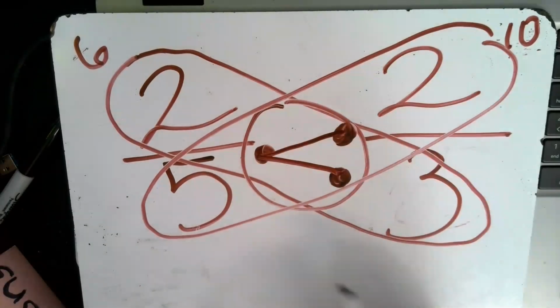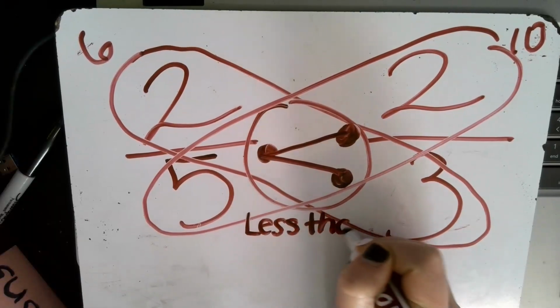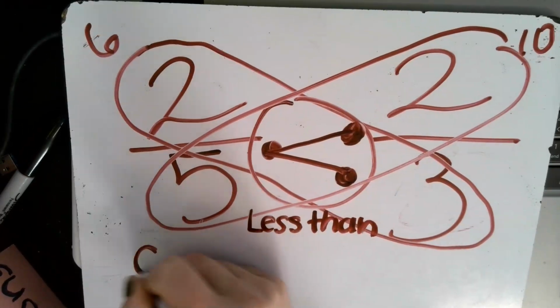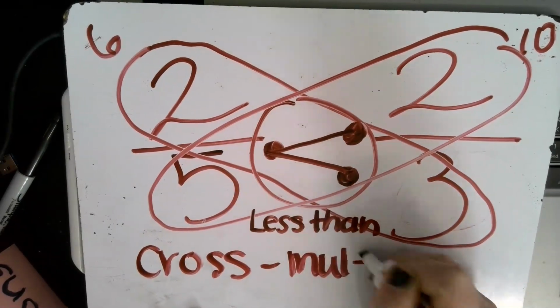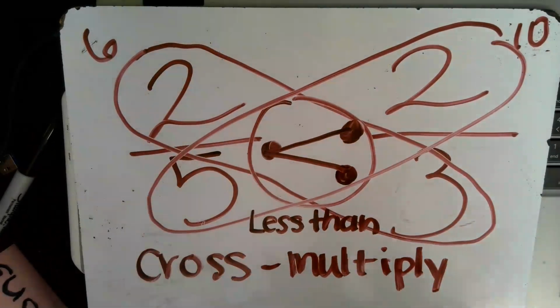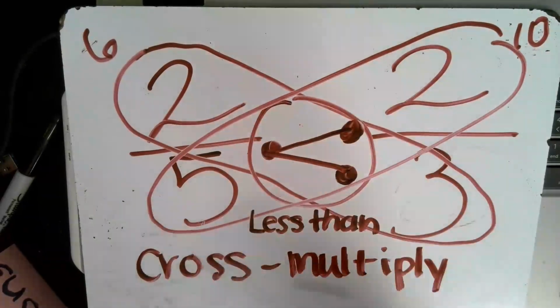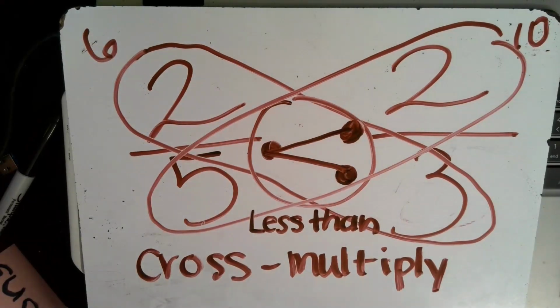Connect the dots. You can hear it called the butterfly method. Some people call it cross multiplying. Kind of like some people say data, some people say data. This is the same thing. Cross multiply is just like the butterfly method.